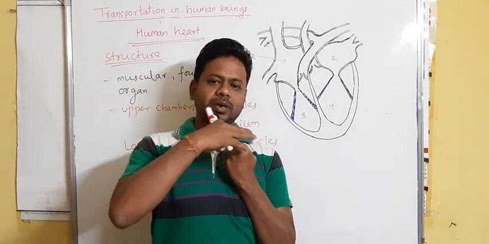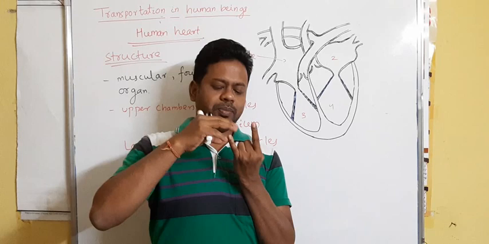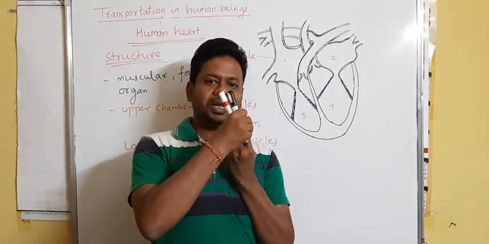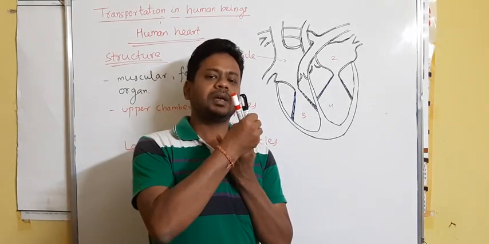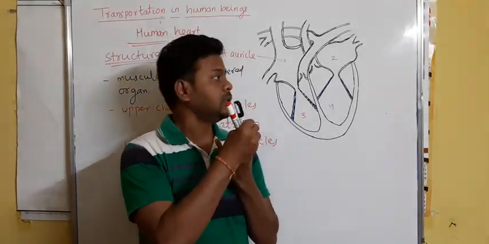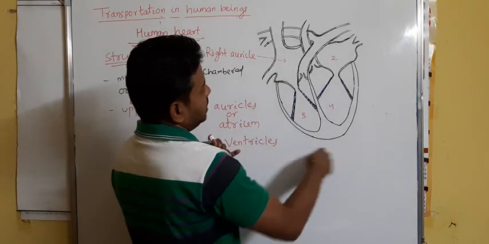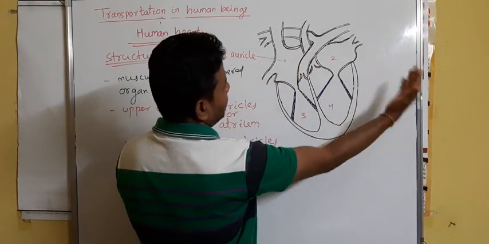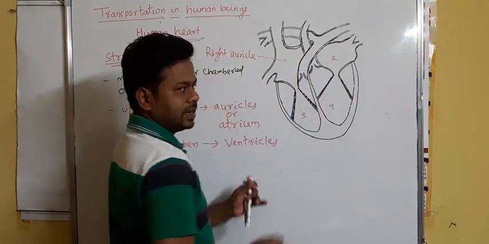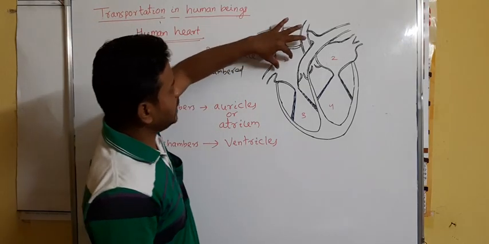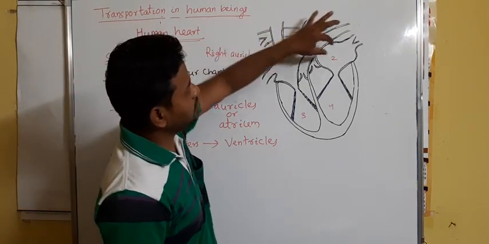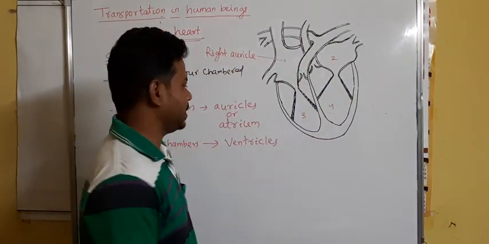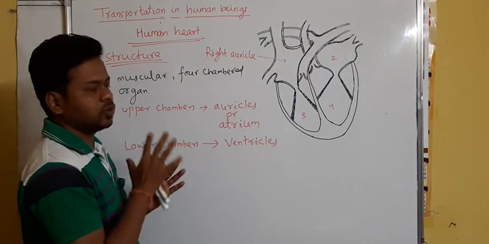So this chamber will be the right auricle or right atrium, and this will be the left auricle or left atrium. That is why, whenever you make the image, your left side will be the right auricle and right ventricle, and your right side will be the left auricle and left ventricle. So this is the right atrium, this is the left atrium, this is the right ventricle, and this is the left ventricle. These are the names of these four chambers.